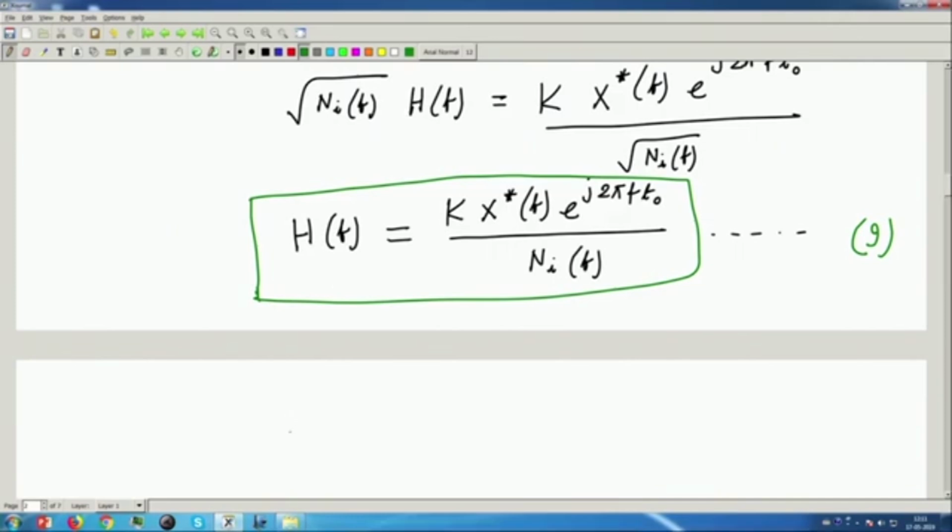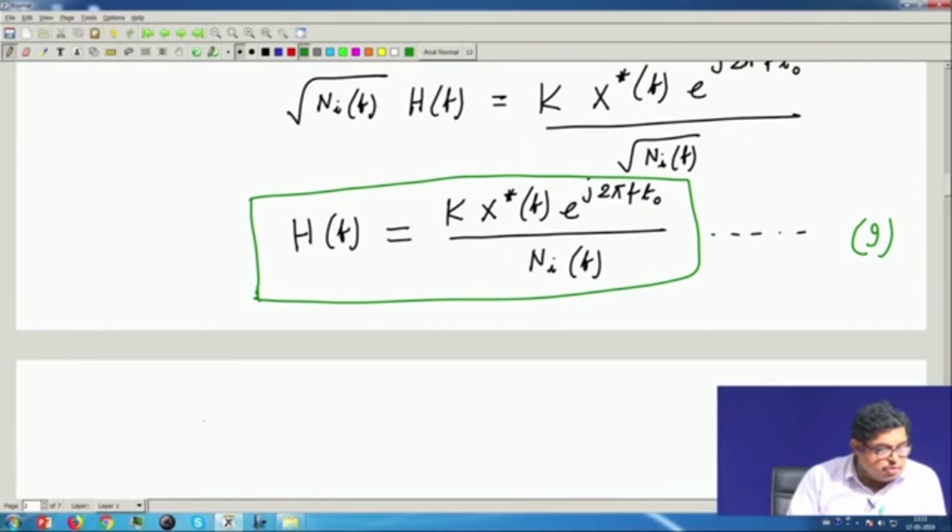So, I will multiply both sides by X(f) e to the power minus j 2 pi f t0.